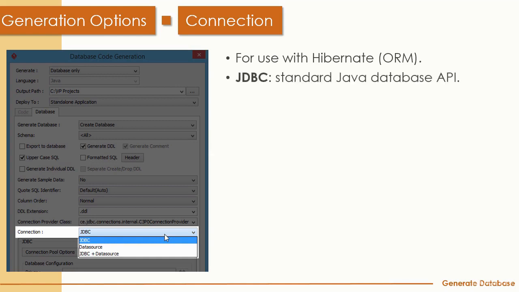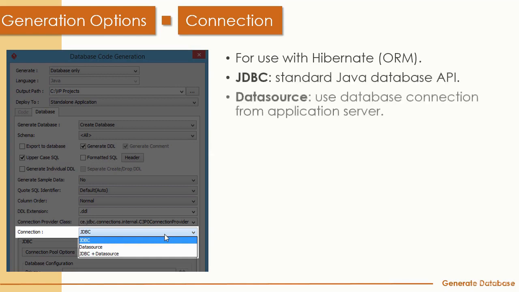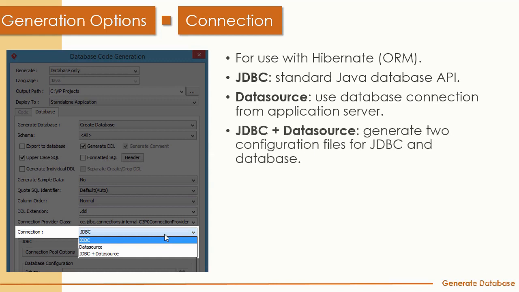You can use the standard Java JDBC connection, you can use the data source, which is provided by the application server, or you can use the mixed strategy. Basically, you use Hibernate most likely in an application server, so the data source could be the best choice because you can share the connection pool between applications.